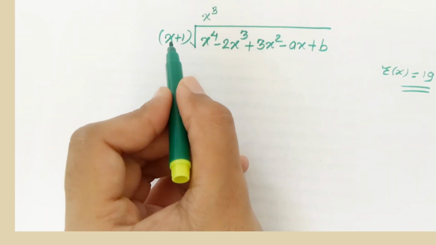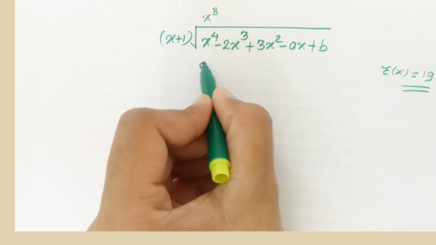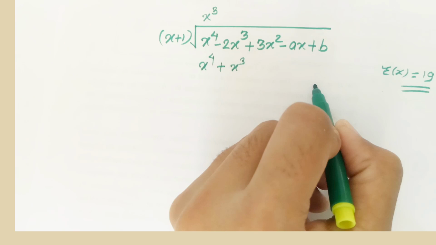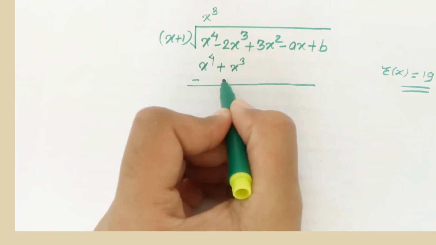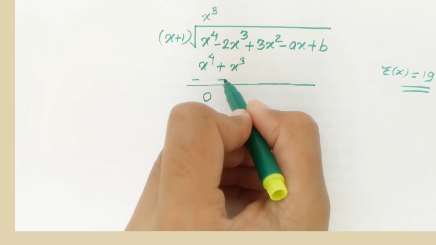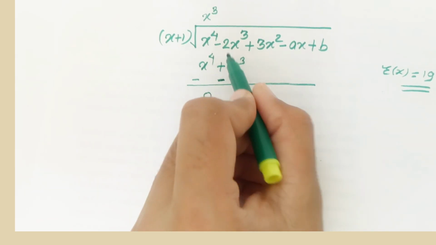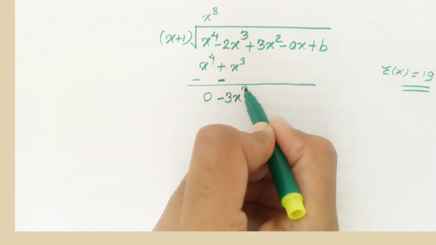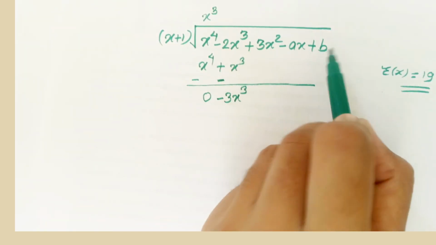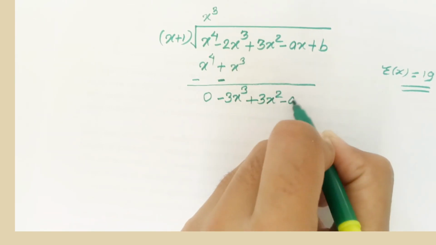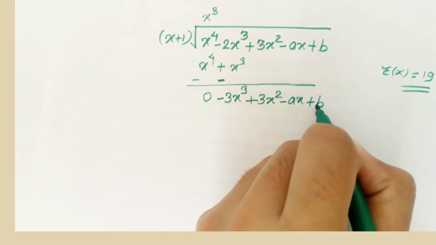After multiplying this term by x³, we get x⁴ plus x³. Now subtract this term. Then the first term is 0 and the second is minus 2 minus 1, that is minus 3x³, and the remaining terms are as they are: 3x² minus ax plus b.